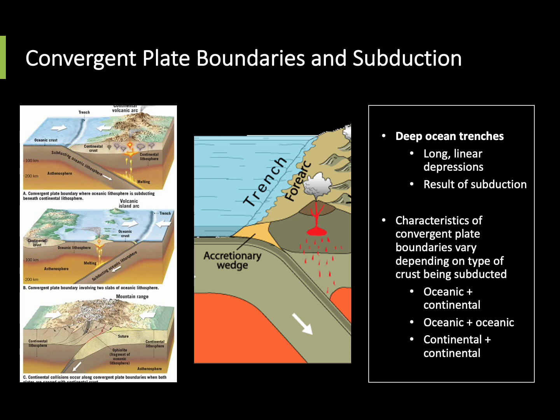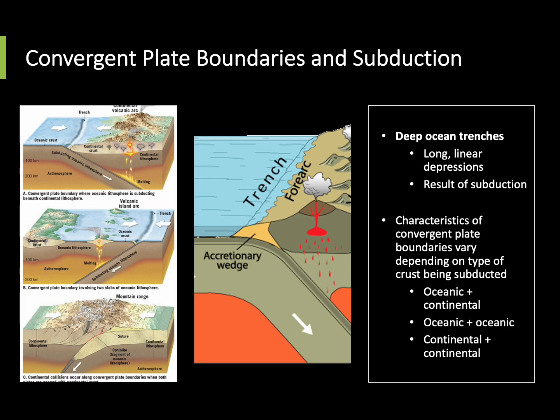So for two out of these three, we have oceanic plates involved and therefore subduction zones. If we want to quickly find these subduction zones in our oceans, what we need to look for are called deep ocean trenches. It's a topographic feature of our seafloor where there are these really long linear depressions.